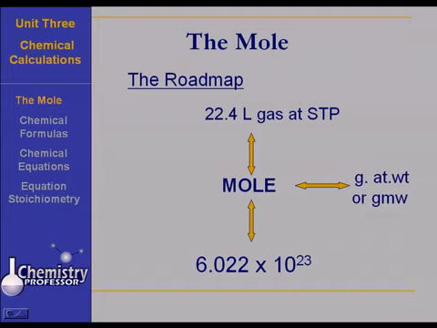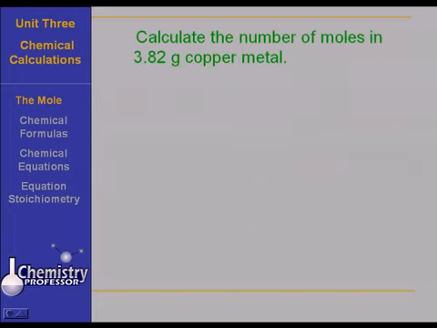A mole of nitric oxide weighs 30 grams per mole, and the gas occupies 22.4 liters at STP. It's all a mole. A mole is also molarity times liters when you're talking about solutions. Now, in this little unit that we're doing today, we're not going to talk about gases and solutions. We're going to limit ourselves to masses, moles, and numbers.